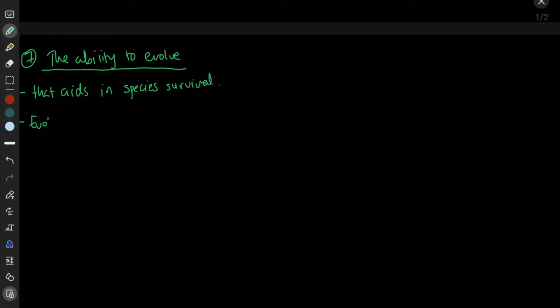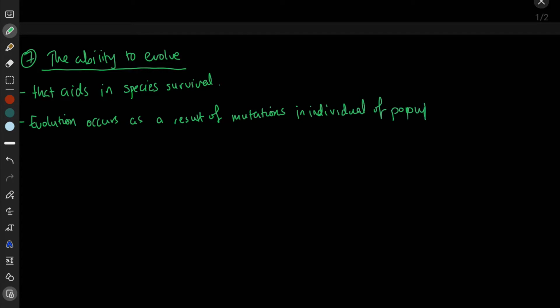Well, evolution is something that occurs as a result of mutations in individuals of populations over time, right? So evolution is something that occurs as a result of mutations in individuals of a population over time.